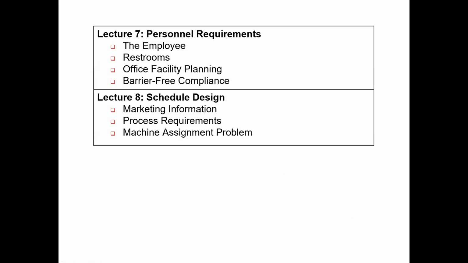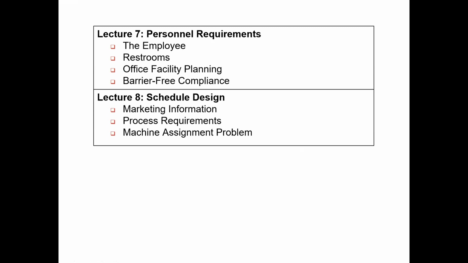Lecture 7, we discussed personnel requirements. We talked about the employee, the restroom design, office facility planning, and barrier-free compliance. As part of the design for the employee, we also discussed the design of parking for a facility, determining how many spaces you will need and how you can design a parking space for your facility. We did a lab on those.